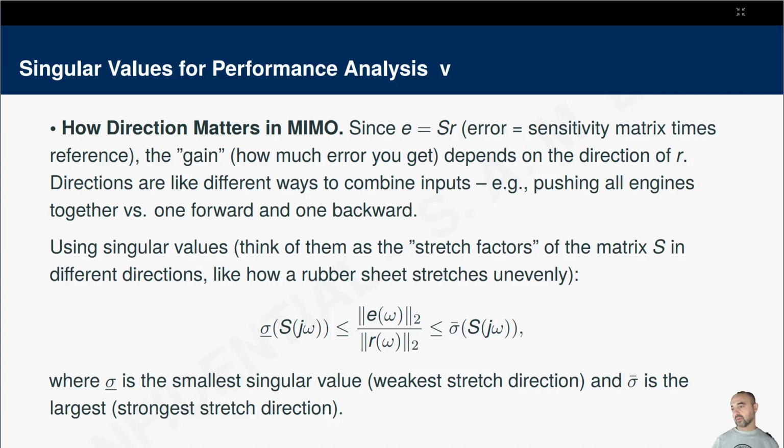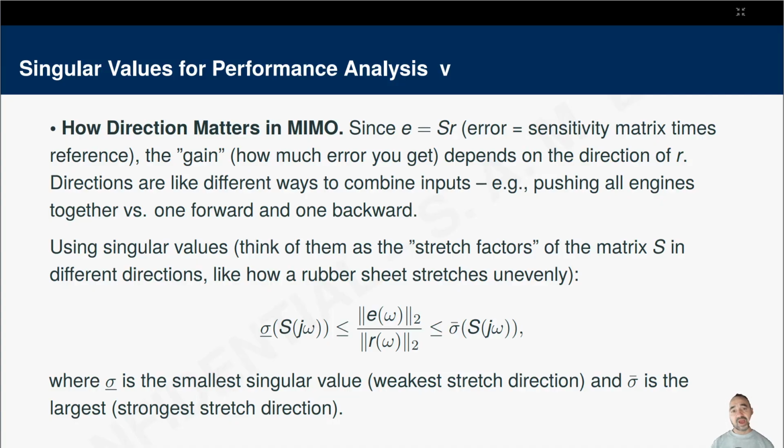Sigma underbar is the smallest singular value, the weakest stretch direction, and sigma bar is the largest, the strongest stretch direction. That makes sense because, for this vector 2 norm of error over vector 2 norm of reference, in some direction it would be strongly amplified, and in some direction it would be significantly attenuated.